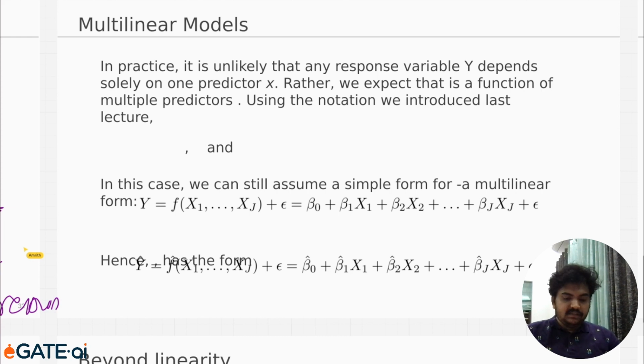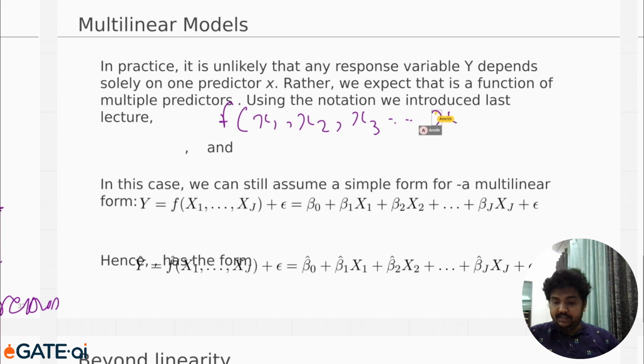In practice, it is unlikely that any response variable y depends solely on one predictor, say x. Rather, we expect that it is a function of multiple predictors, which we can say as f of x1, x2, x3. We said p predictors, so up to xp, right?